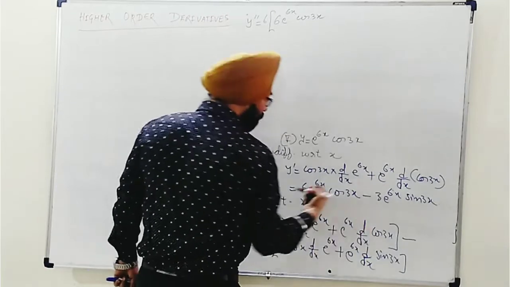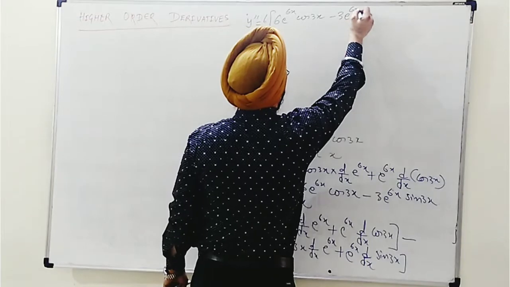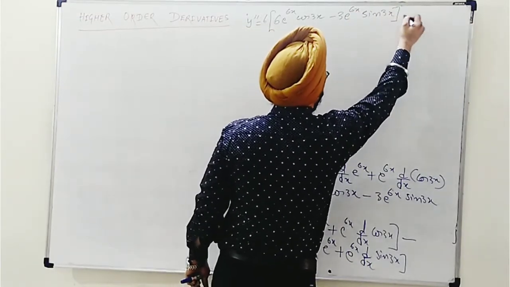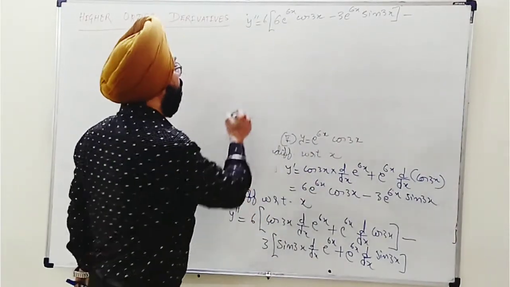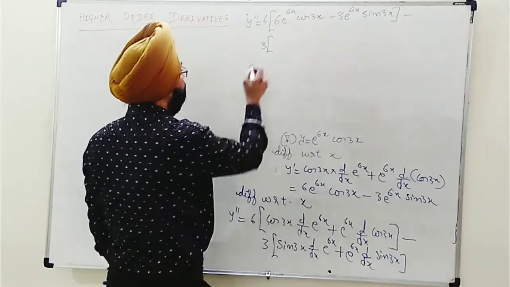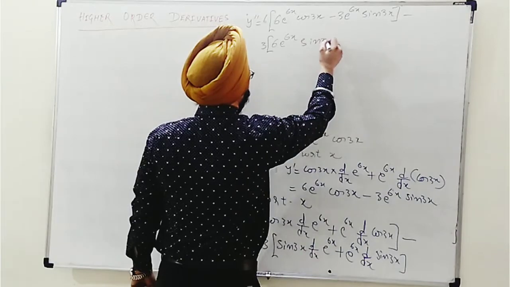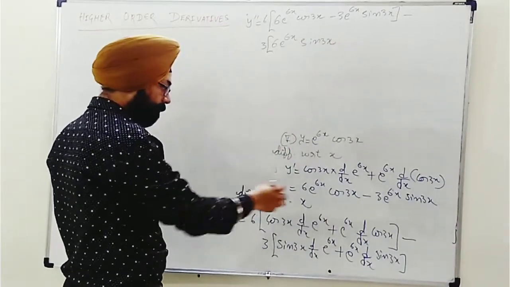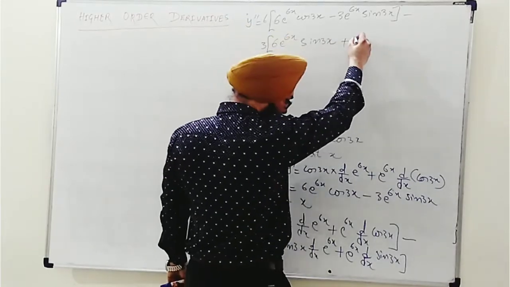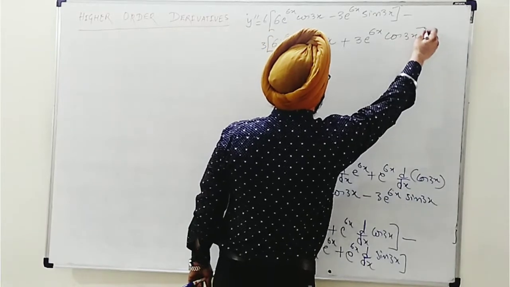Here cos 3x will give us minus 3 sin 3x. So this will be minus 3 e to the power 6x sin 3x. Subtraction of the second bracket with 3 outside. We have 6 e to the power 6x sin 3x, and there remains plus sign as we are differentiating sin 3x, e to the power 6x cos 3x.